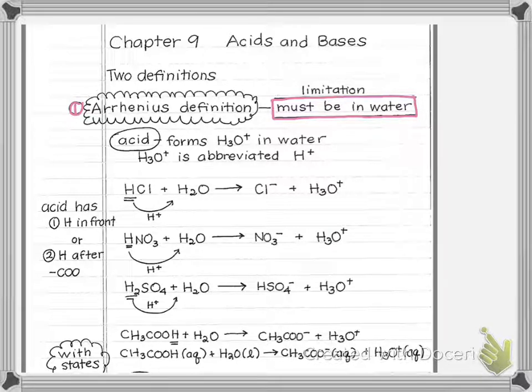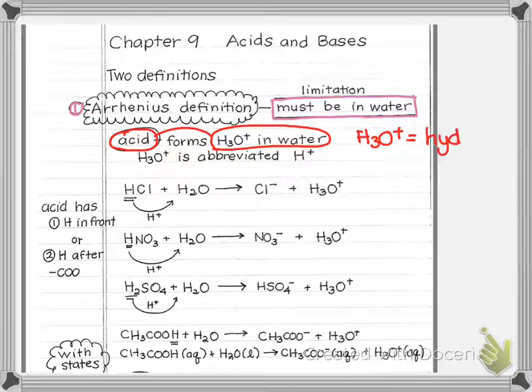Now, looking at this definition, the acid right here forms H3O+ in water. So that's the definition of the acid. And H3O+ is also called the hydronium ion.